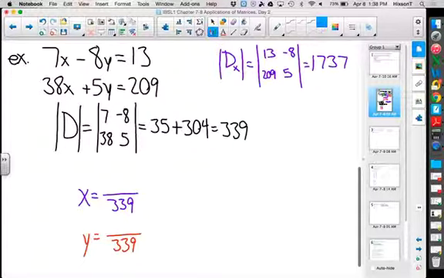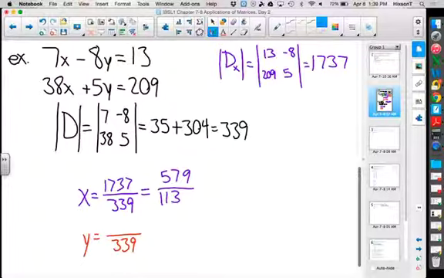So when you have 1737 over 339, those are both actually divisible by 3. So you have 113 as your denominator, and this was 579. So there's your x. You don't need to make that into a mixed number. You can leave it like that.